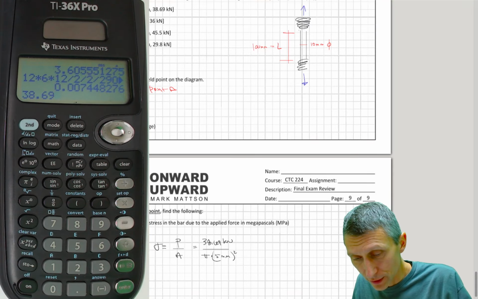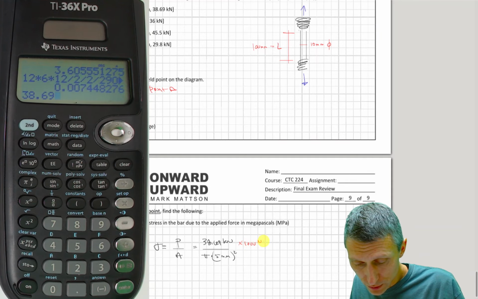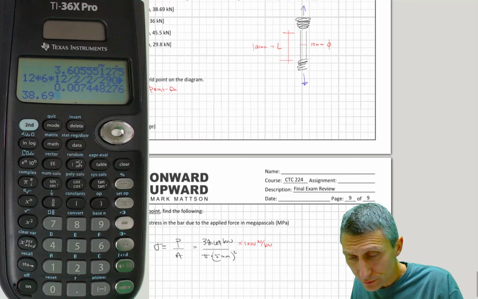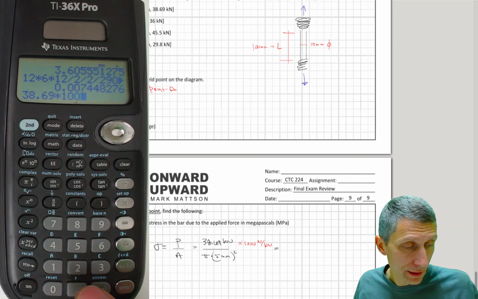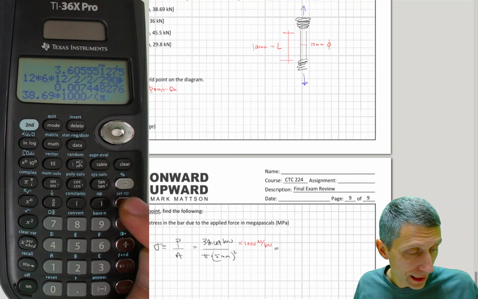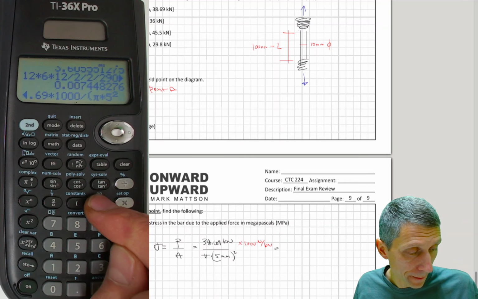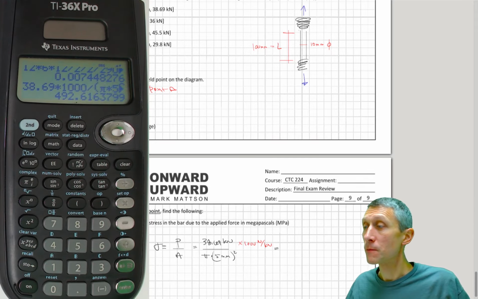Actually, let me do one other thing. Let me do a unit conversion here, times 1,000 newtons per kilonewton, divided by, I'm going to put this in parentheses, pi times 5 squared. You get 492.6 megapascals.